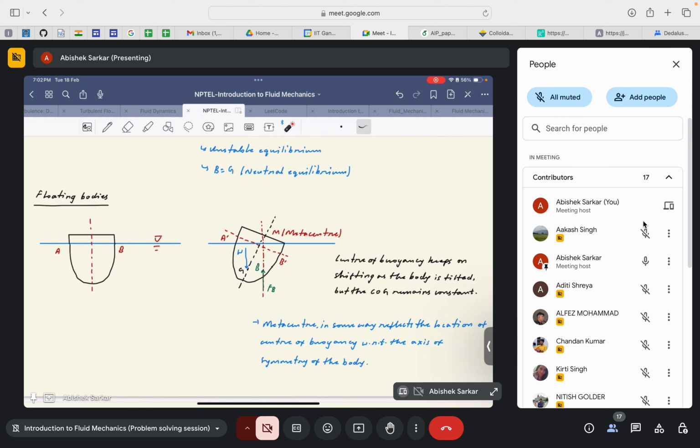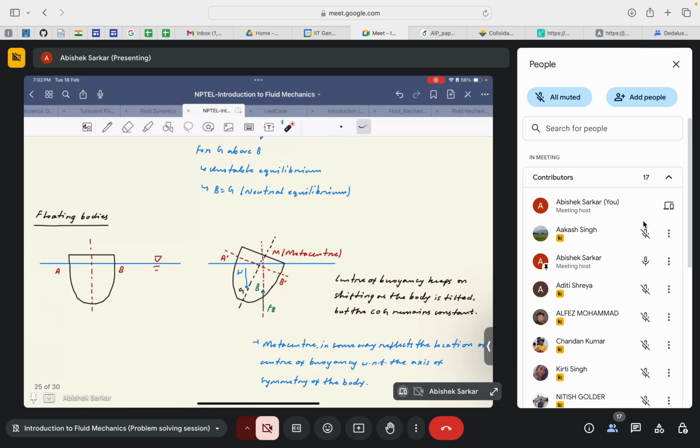I just discussed stability extensively in the previous part, so that I do not have to discuss it thoroughly in the part on floating bodies. As you already saw, the stability of the submerged body was governed by the positions of the center of buoyancy and the center of gravity.